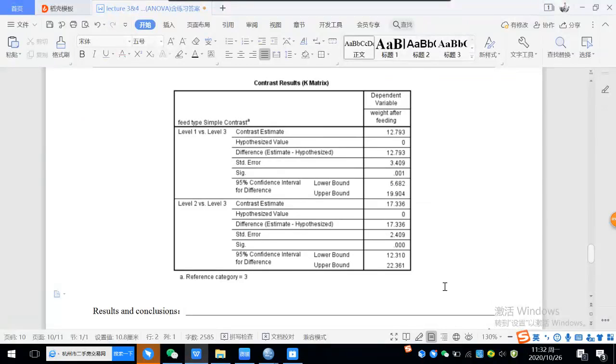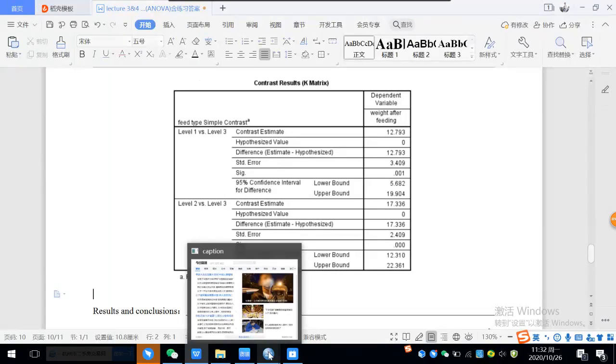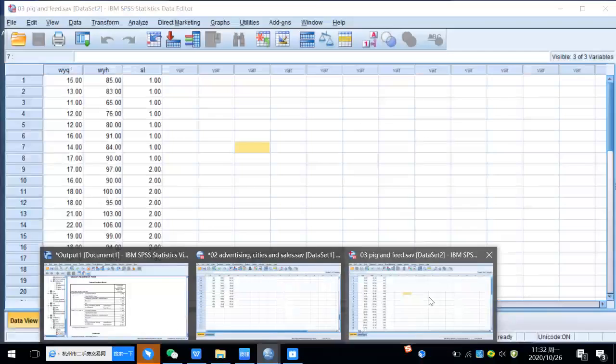Level 1 vs level 3, level 2 vs level 3. But here we don't know about level 1 vs level 2, right? So we will use reference category level 1.